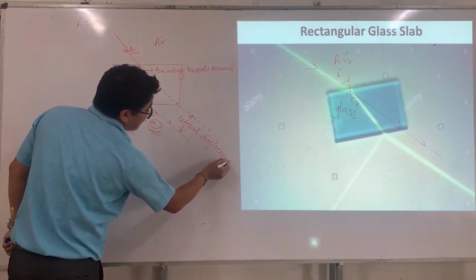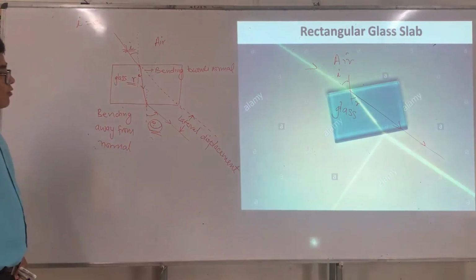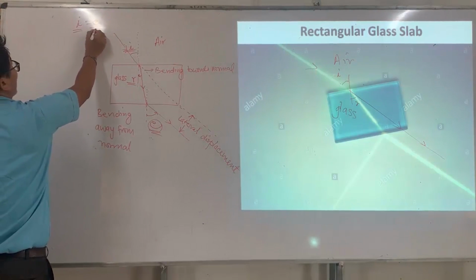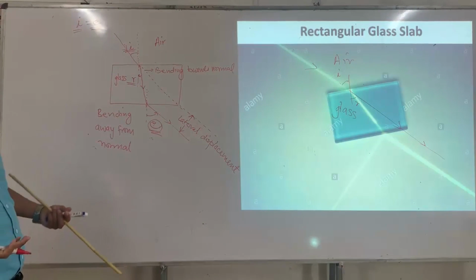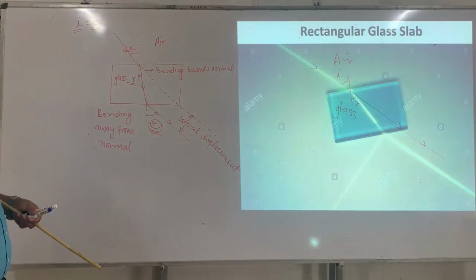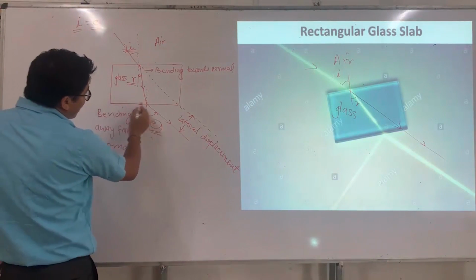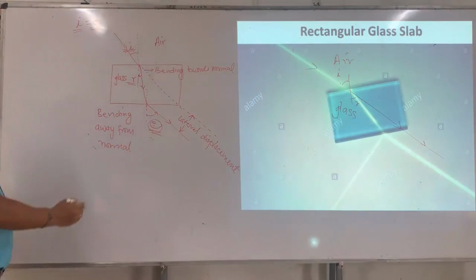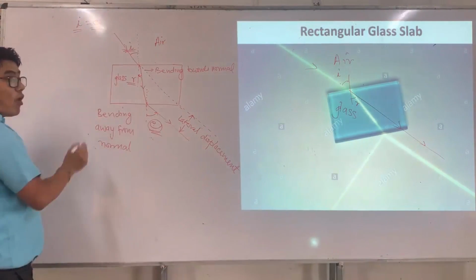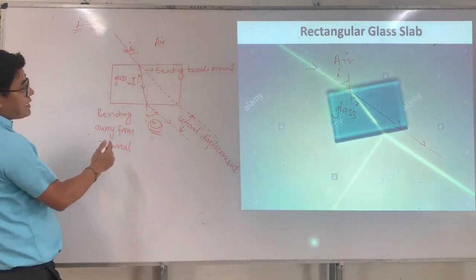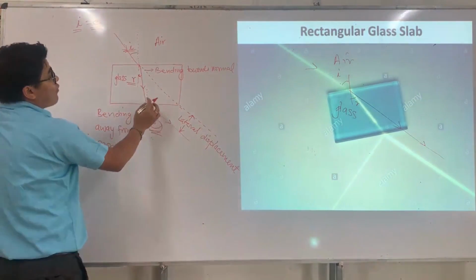This is done in class 10. This is called lateral displacement. Alright? So the angle of incidence is equal to the angle of emergence. And if you ask why, the reason is simple. Since this surface is a plane and the emergent surface is a plane, the bending towards the normal is compensated by the bending away from the normal.